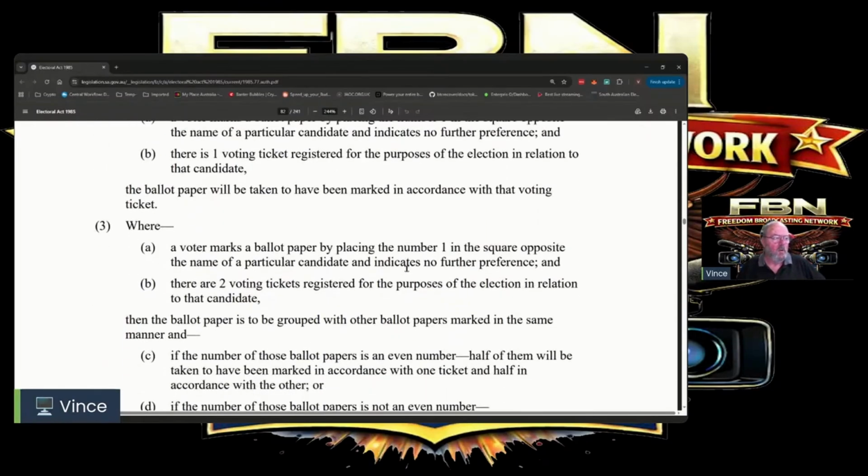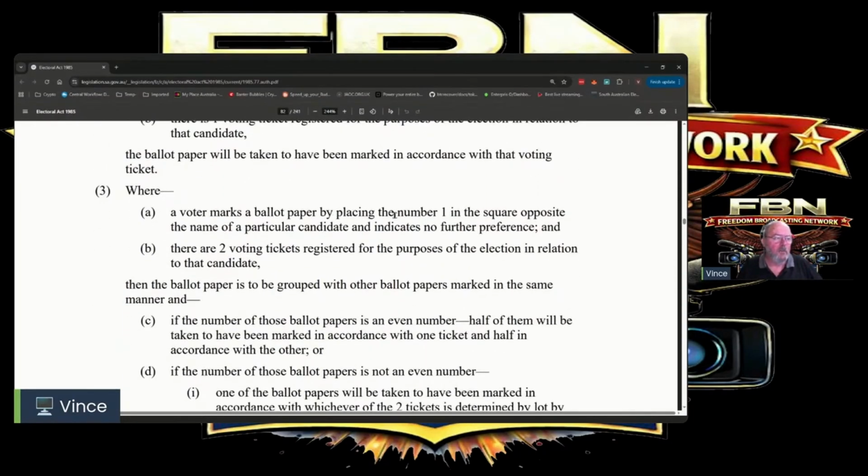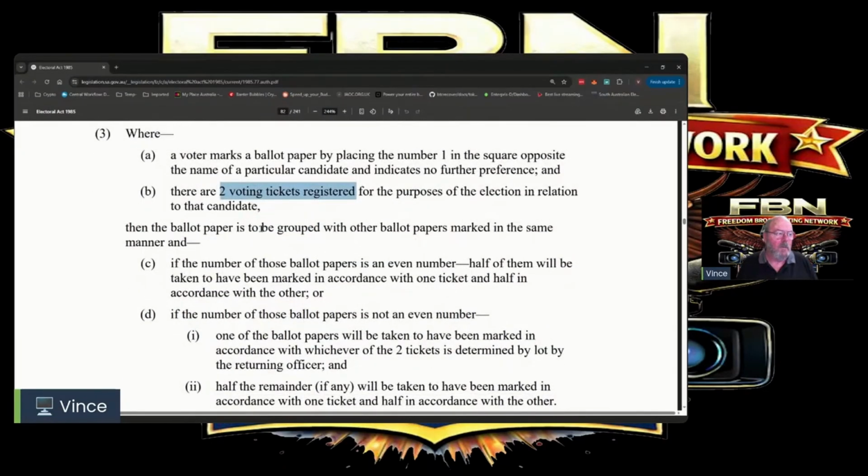So it says here, where a voter marks the ballot paper by placing a number 1 in the square opposite the name of the particular candidate and indicates no further preferences, and there are 2 voting tickets registered. So in other words, the party has given 2 voting tickets for the purpose of the election in relation to that candidate, then the ballot paper is to be grouped with other ballot papers marked in the same manner.